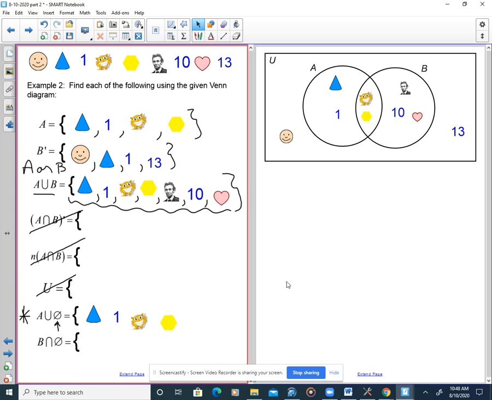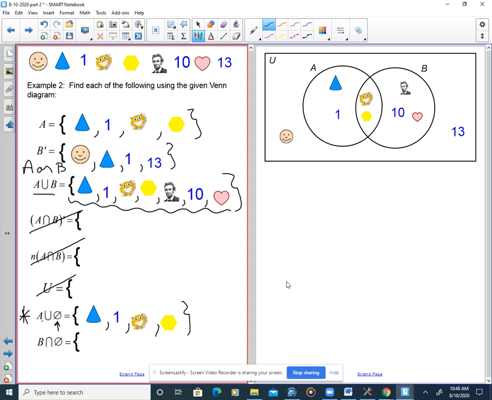And then we would list everything out in the empty set. Well, what's in the empty set? Nothing. So we can't list nothing out. We can't list anything out if there's nothing in it. So this is our answer. Everything in this set here is either in A or the empty set.